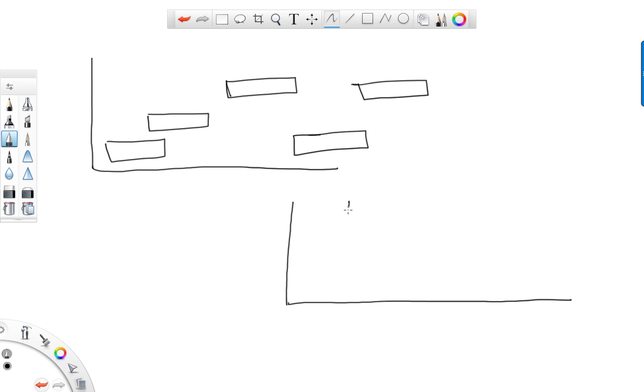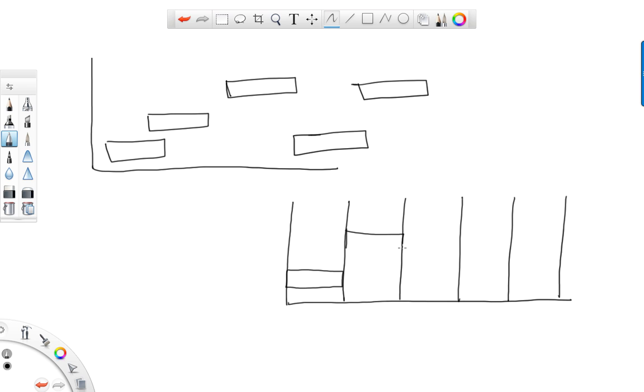But in slotted aloha, you will have the time divided into slots. And if a frame wants to transmit, it can only transmit in this time slot. It can only start at the beginning of a frame slot. If it misses this, it cannot start here.